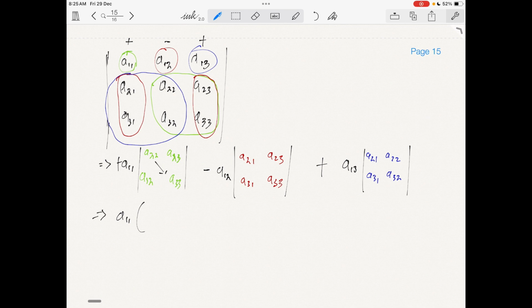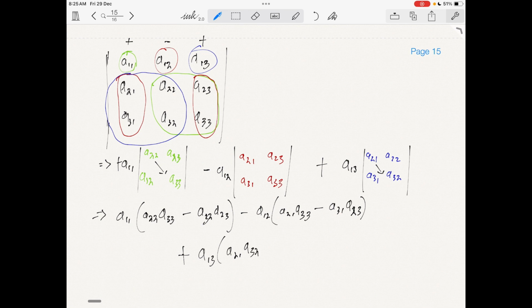That will give us A22 A33 minus A32 A23, minus A12 (A21 A33 minus A31 A23), plus A13 (leading diagonal A21 A32 minus A31 A22).